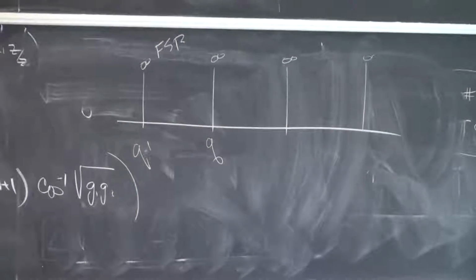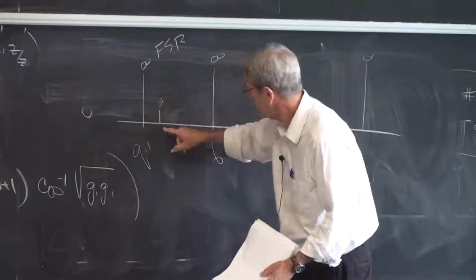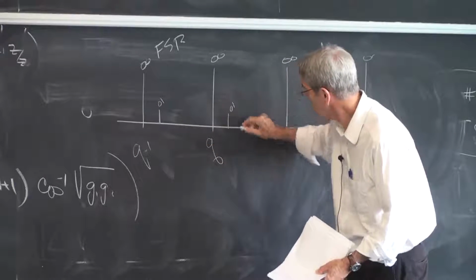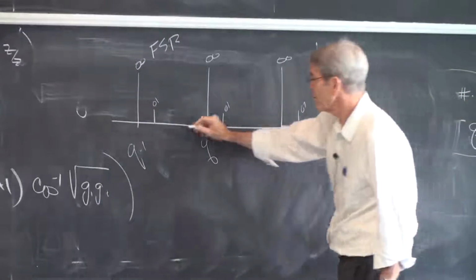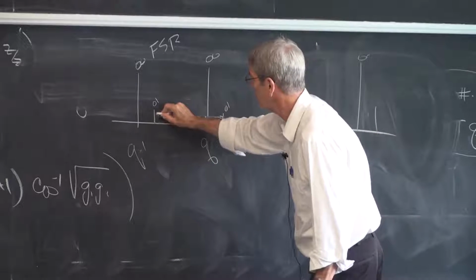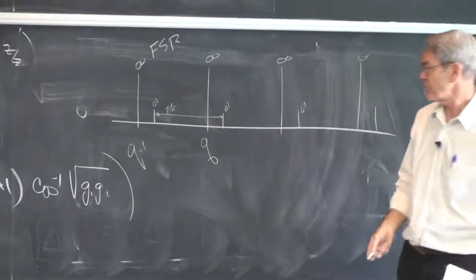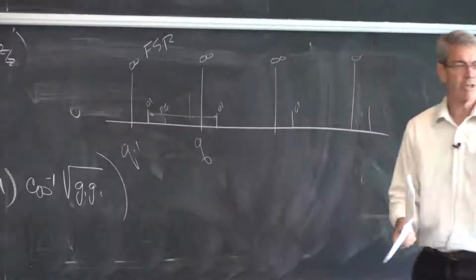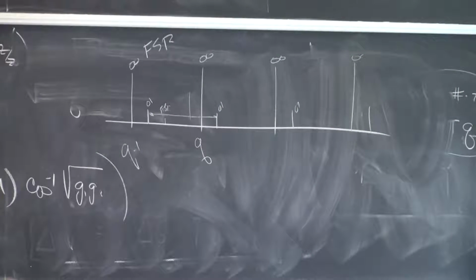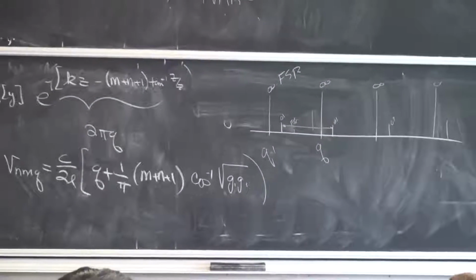The 0, 1 mode might be sitting right about here, and the next 0, 1 mode right here, and so forth. They're separated by an FSR among themselves, but offset compared to the other mode. A 0, 2 might be here, and a 4, 4 might be over here. They go all over the place. So every spatial mode has a slightly different frequency than the 0, 0, and from each other.